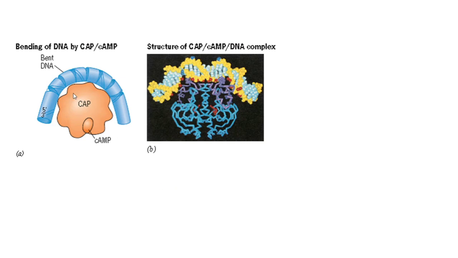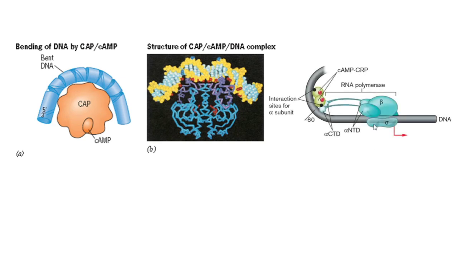This interaction has been studied by X-ray crystallographic studies, and it has been found that the DNA bends like this when the CAP protein binds with this DNA. It produces a 90-degree angle. And this bending is very, very essential. Because of that, the RNA polymerase is able to interact with the CAP protein with its carboxy terminal domain.